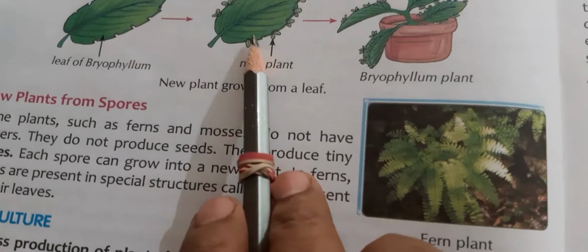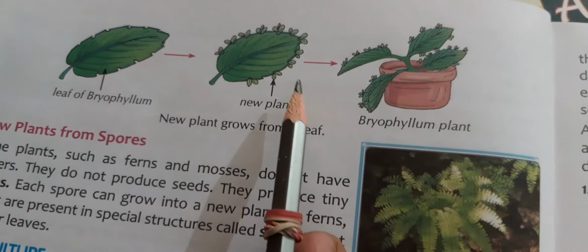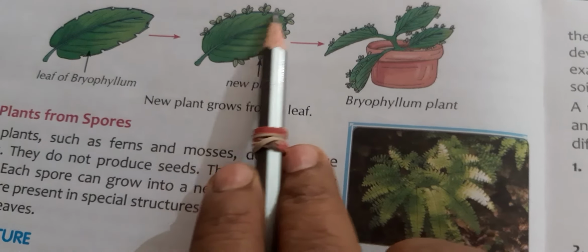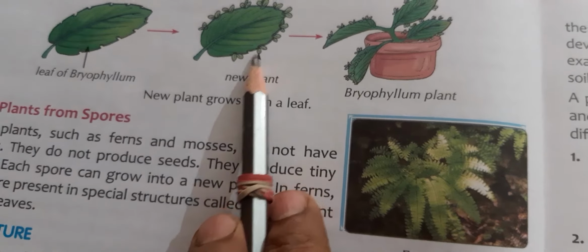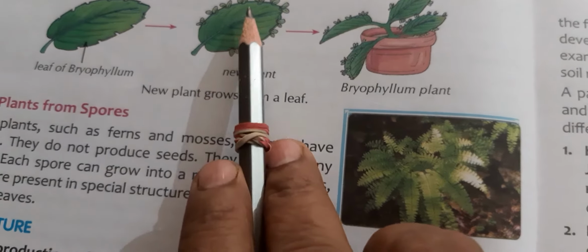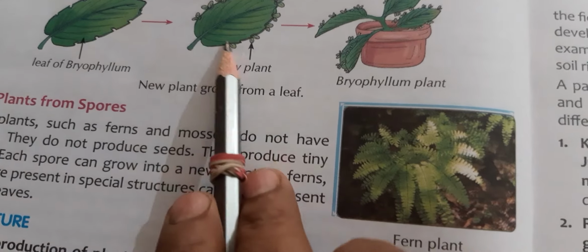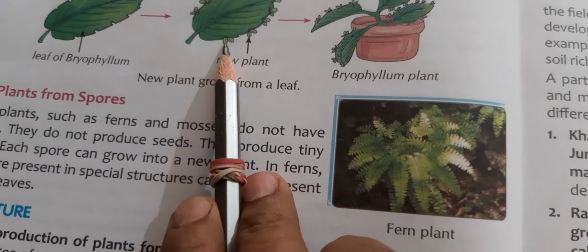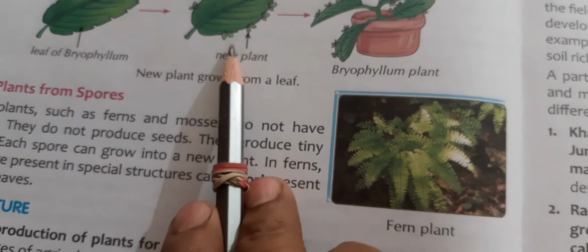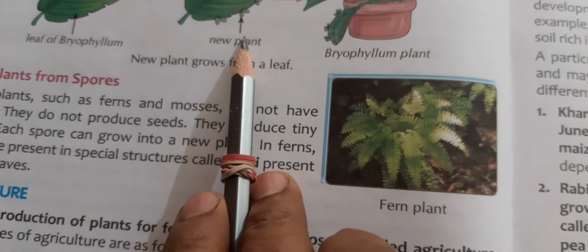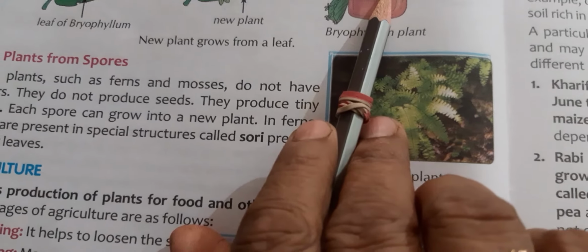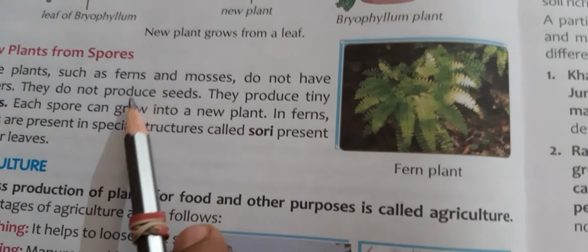Like here you can see it is a bryophyllum plant, and at the margin of the leaf new baby plants, or you can say nodes, start growing, and they get detached and attached with the soil. They get detached from the leaf, and when grown in the soil it develops into a new bryophyllum plant.